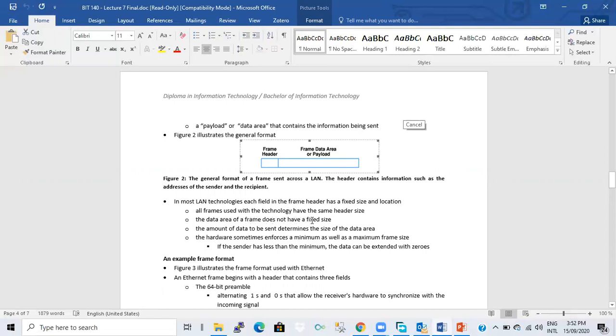Based on what you're sending, the size can differ. The amount of data to be sent determines the size of the data area. The hardware sometimes enforces a minimum as well as maximum frame size that can be sent. So if the sender has less than the minimum, the data can be extended with what? Zeros.